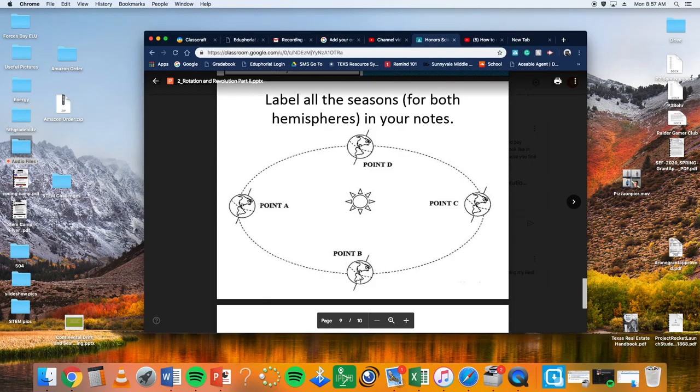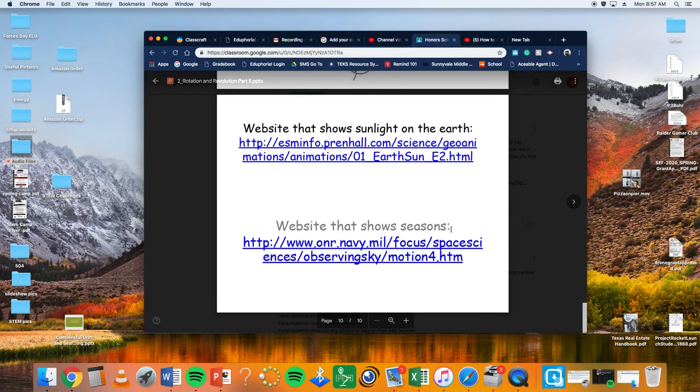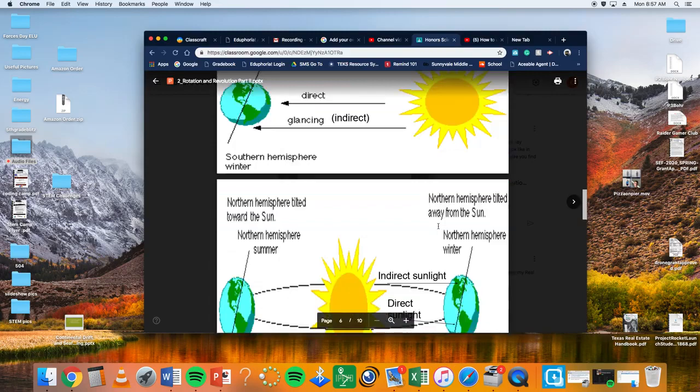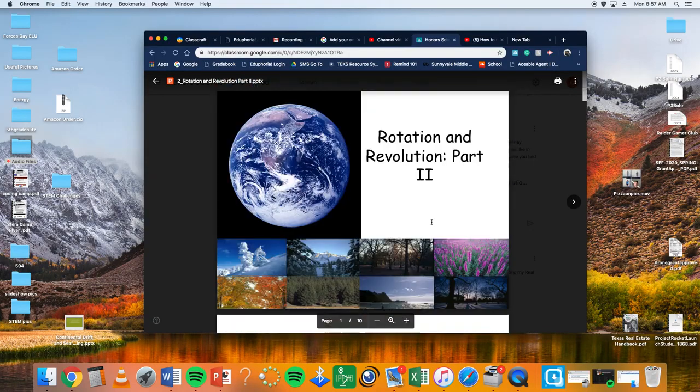And then label both hemispheres all the way around. Every one of you needs to be able to successfully accomplish that. And that, my friends, is how we have seasons because of the phenomenon of rotation and revolution. Thanks for listening.